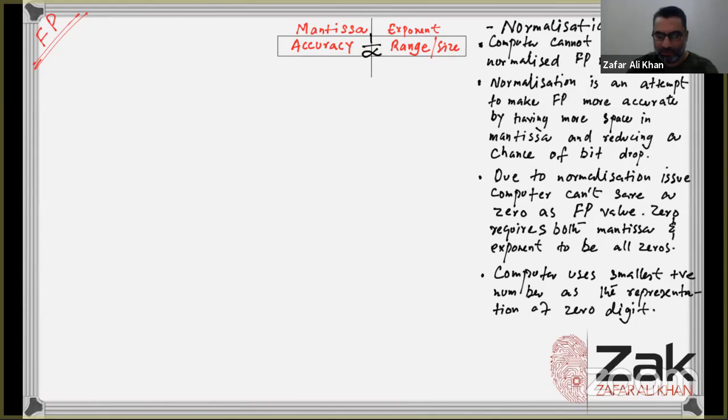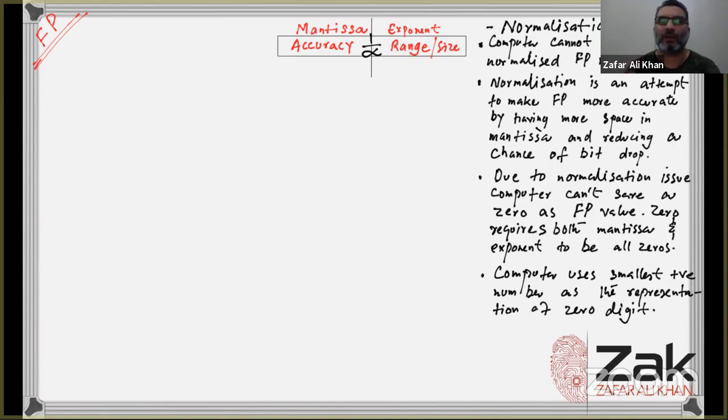First of all, I told you that whatever floating point number is saved is actually saved in a given number of bits. That given number of bits is called word size. So word size is fixed. In word size, we actually divide the word size into two parts. First is mantissa, the other one is exponent.